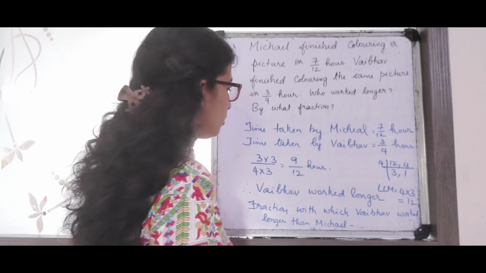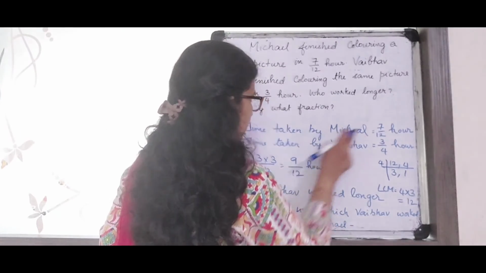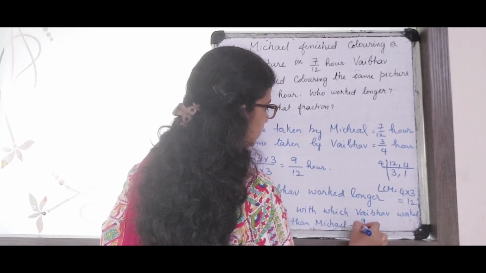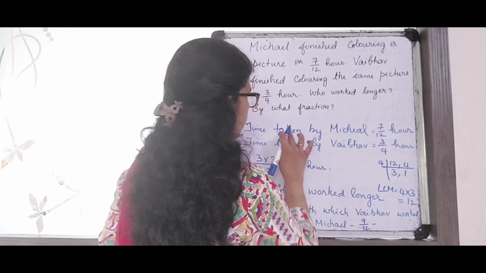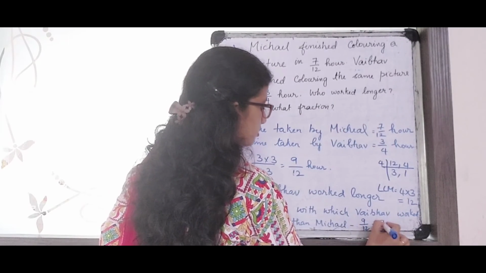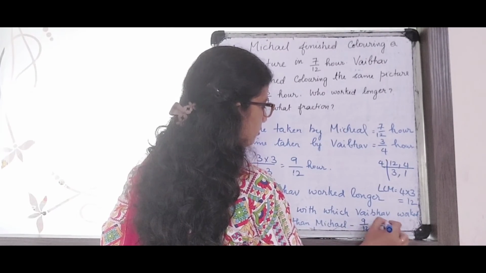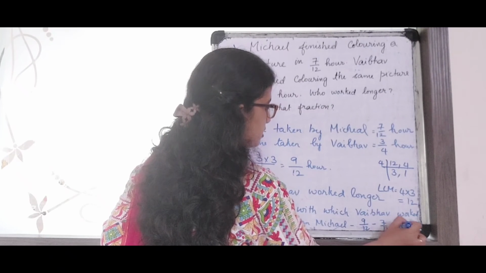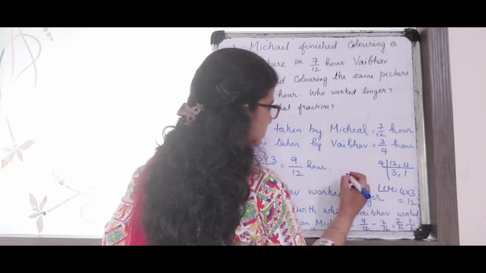How to find? So we have to subtract these two numbers, right? So Vaibhav worked for 9 by 12 hours and Michael worked for 7 by 12 hours. So if we subtract these two, we get 2 by 12, which is equal to 1 by 6 hours.